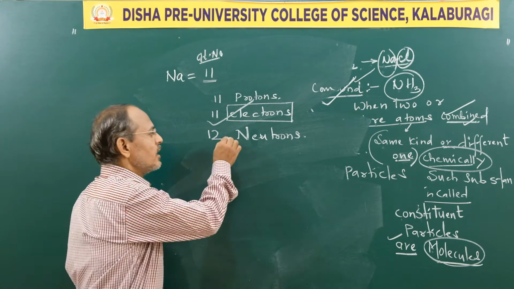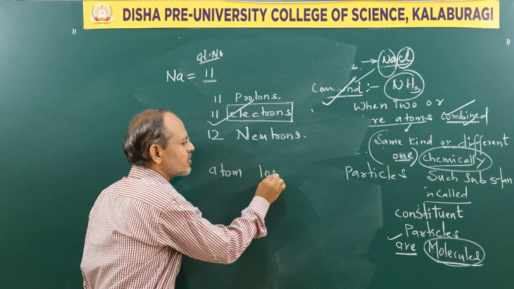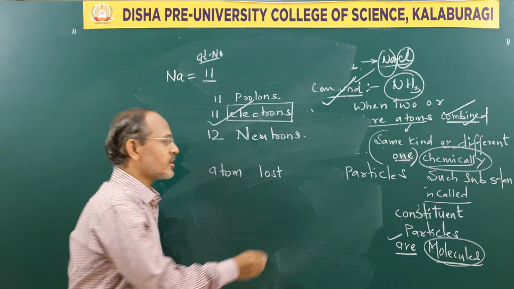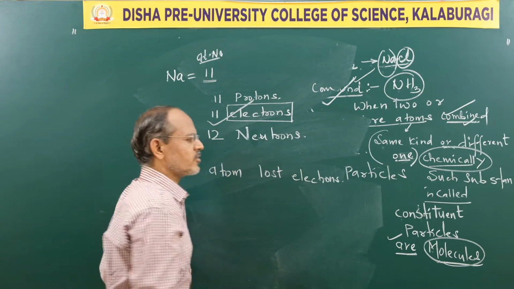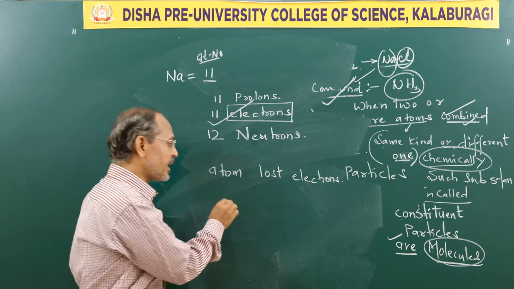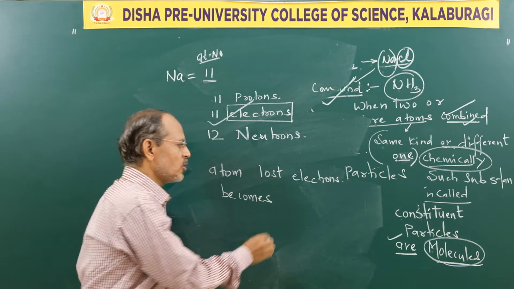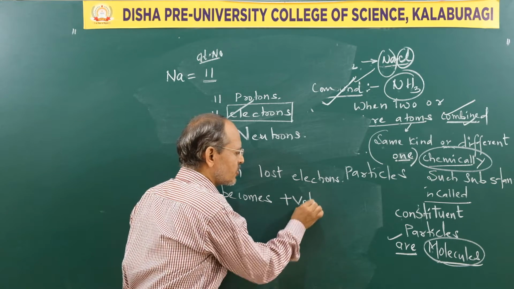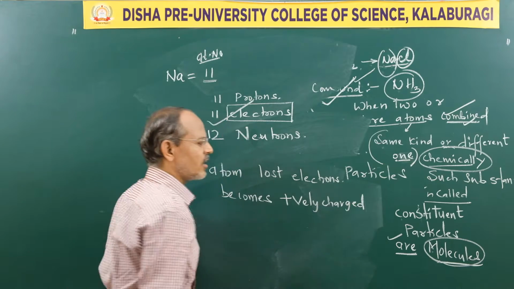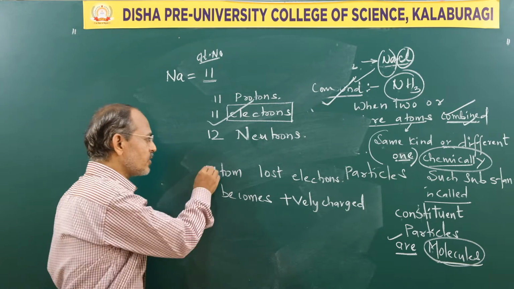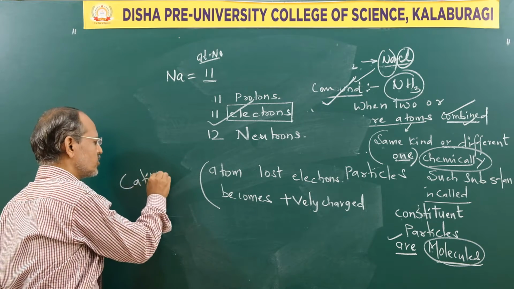Now, if any atom loses electrons, then it becomes positively charged. The atom becomes positively charged. That we call a cation.